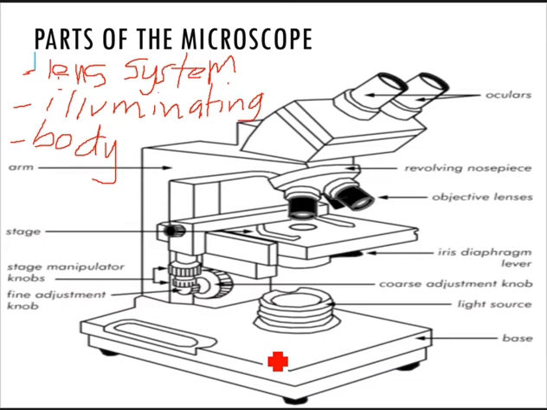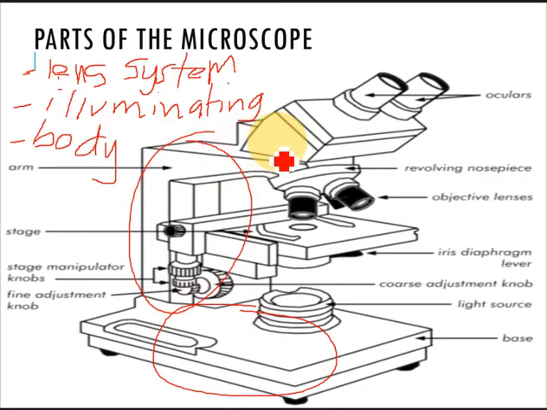The body consists of your base, your body tube, and your nose piece. So basically, those are the main components of your microscope: the lens system, the illuminating system, and the body.